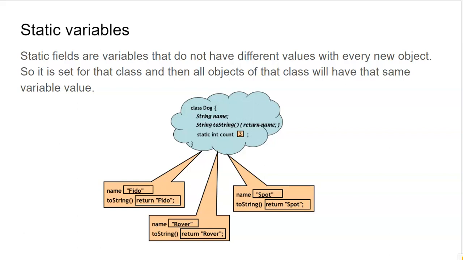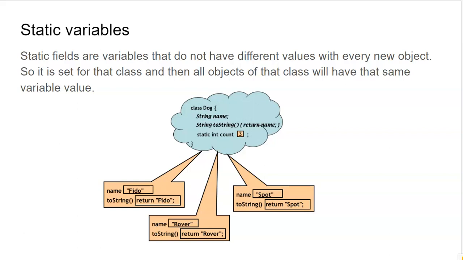The count keeps track of how many dog objects I've actually made. This is going to change with every new object that gets made. If I have made 3 dogs, then the count will be 3. So if I tried to get the count for Spot, the Spot object, it would be 3.